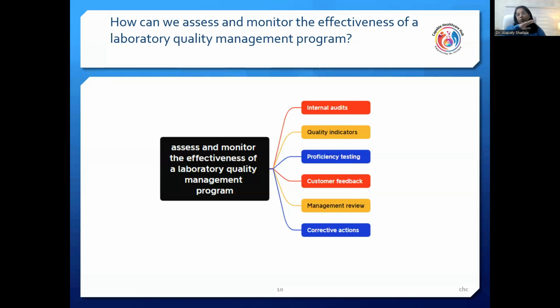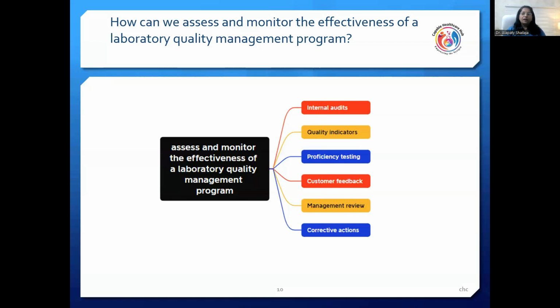Whatever you feel is very important for patient report accuracy and turnaround time, those quality indicators should be monitored and reviewed on a regular basis. Only then can we ensure effectiveness of the quality program. So quality indicators are very, very important.